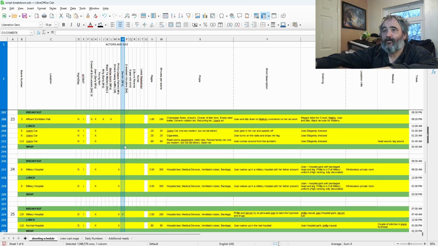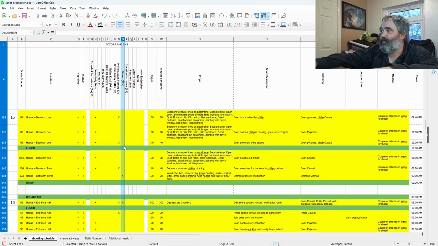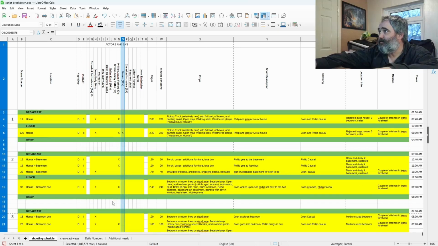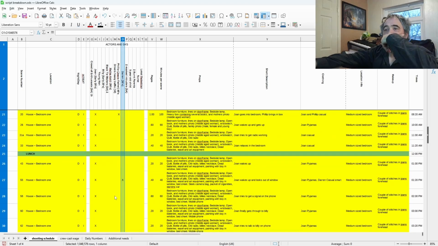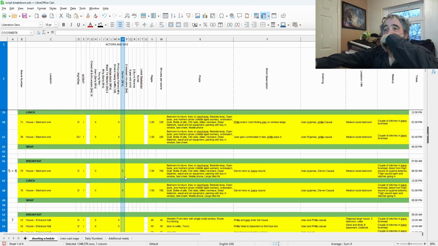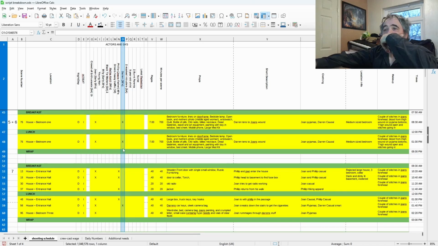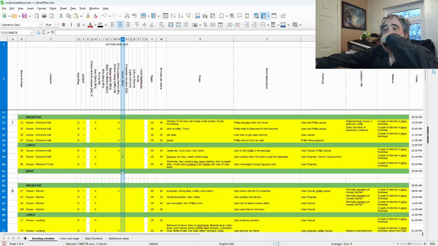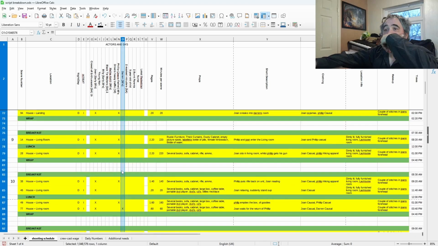Darren is next. So we'll go up and we'll see when Darren's in. Darren's in the first one, but that's alright. So day 1, and he's in day 3, day 5 and 6, day 7, day 10.